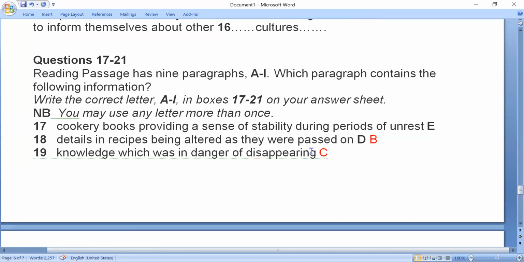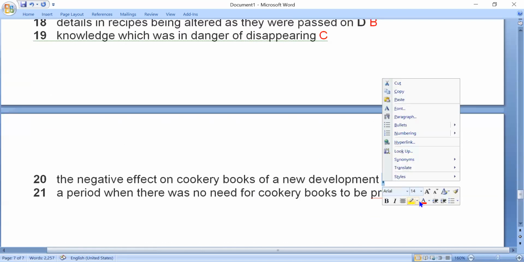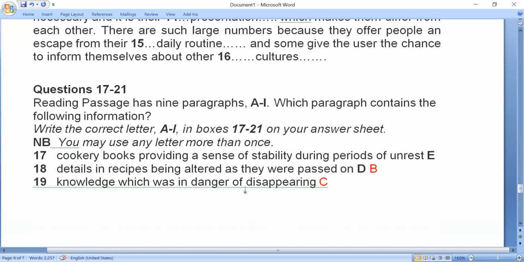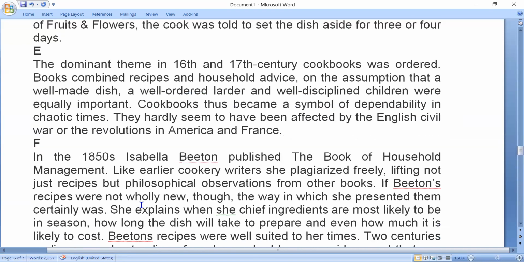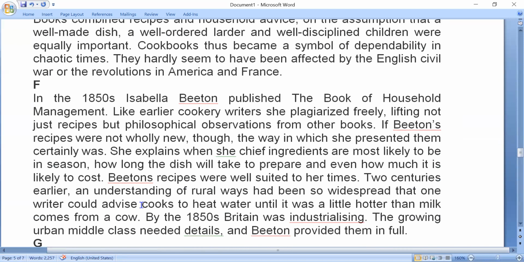Okay. Now, still I'm confused with this one. The negative effect on cookery books, and new development. Knowledge that was in danger of disappearing. Were not wholly new, though the way she presented them certainly was.